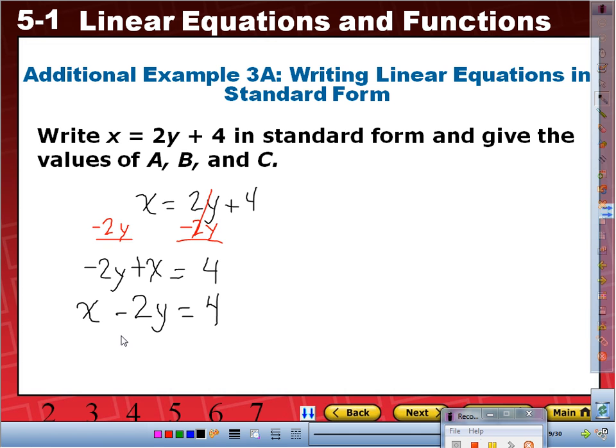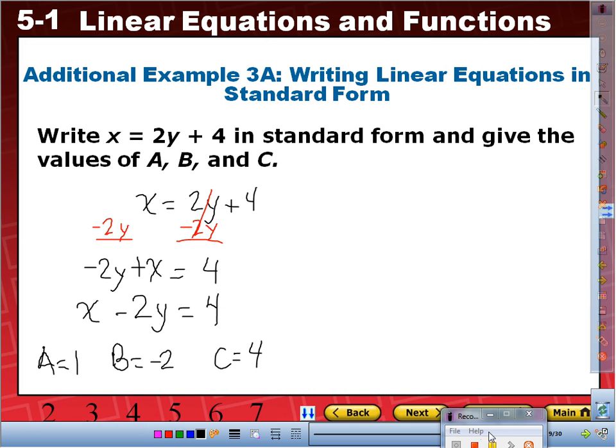Now it's in standard form. All right? That's what you meant. All right. So what is a? 1, b, negative 2, and c, 4. So far so good? Coefficient of x is 1, coefficient of y is negative 2, and the constant is 4.